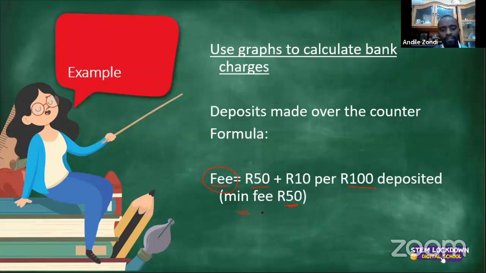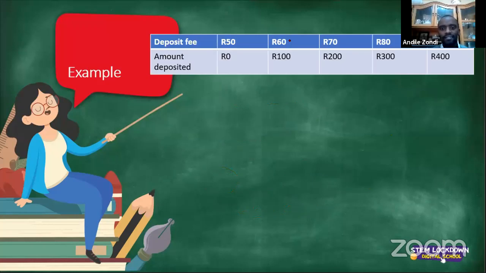It will be 50 rands plus 10 rands for every 100, right? Because I deposited 100, so I'll say times 1, right? And then I'll get 60. So 50 plus 10 is 60. So it's 60 rands for depositing 100 rand.